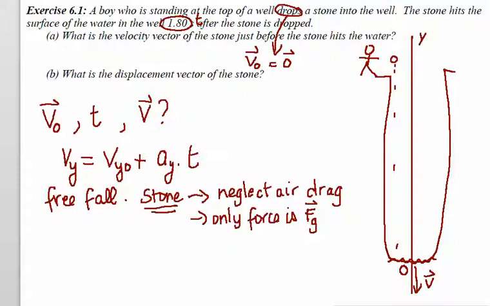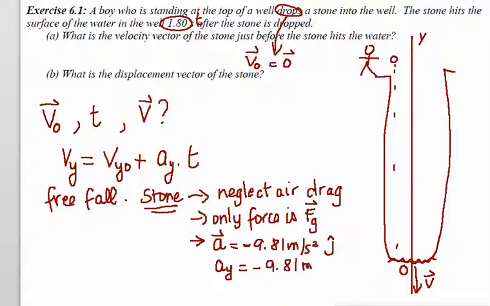So this is a case of free fall. And when you're in free fall, you know that the acceleration is 9.81 down. So which can also be written as A along the y-axis is negative 9.81. That's another way of saying it.